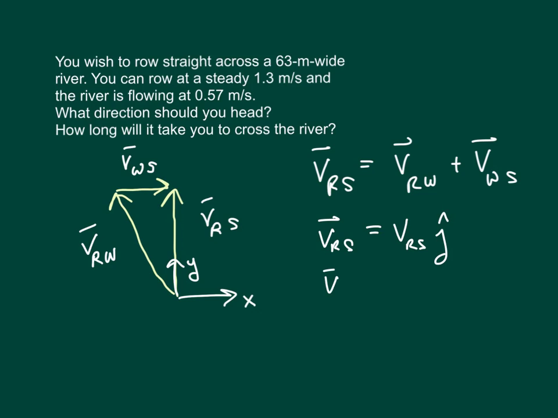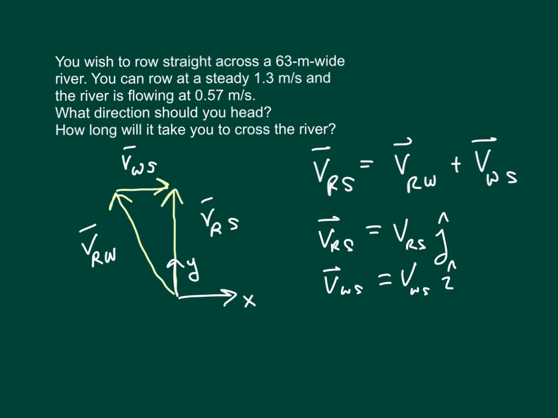Our velocity for the water with respect to the shore, the current, also has a component only in the x direction, which we can denote in terms of the unit vector i hat in the x direction, and it has a magnitude v subscript ws for water with respect to shore.